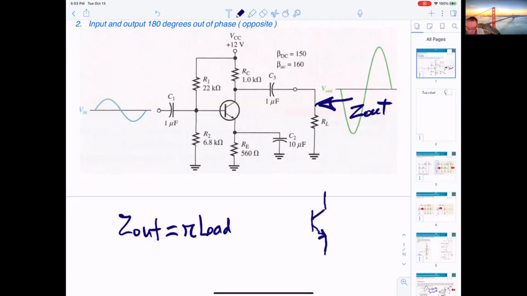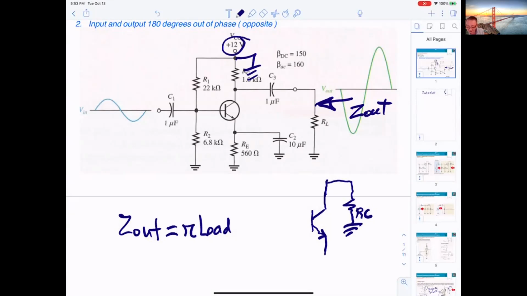That's what I tried to draw for you. That's the collector, you get RC. However, RC now goes this way. Why? Because this power will be connected to ground in AC.